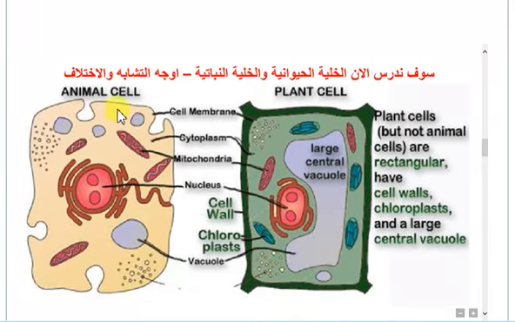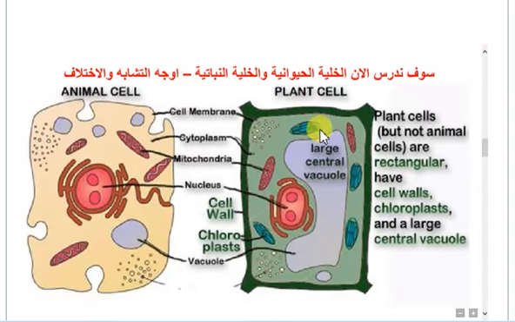Animal cell consists of cell membrane, cytoplasm, nucleus, vacuole.